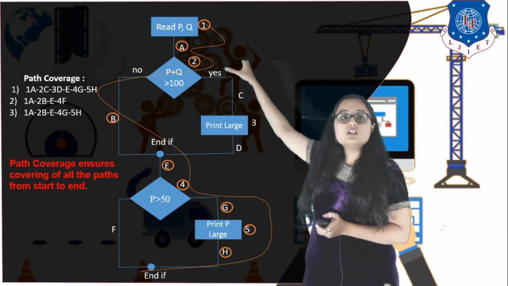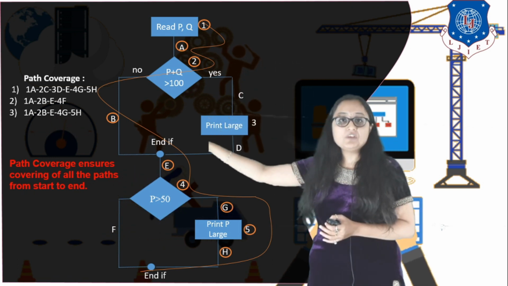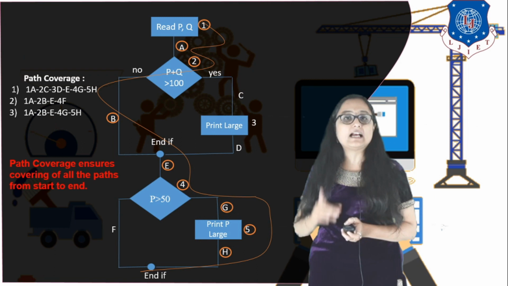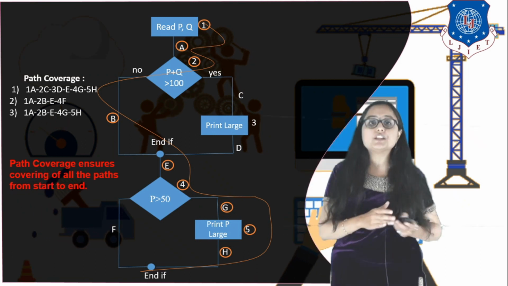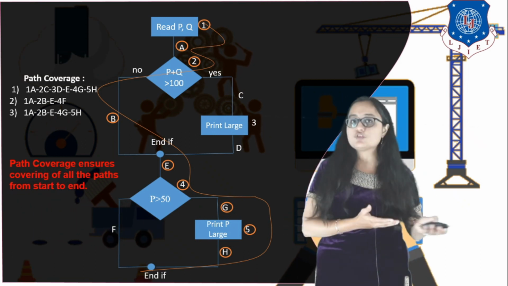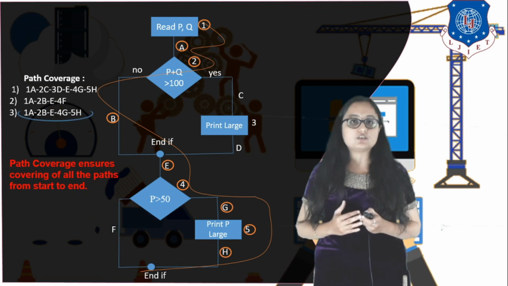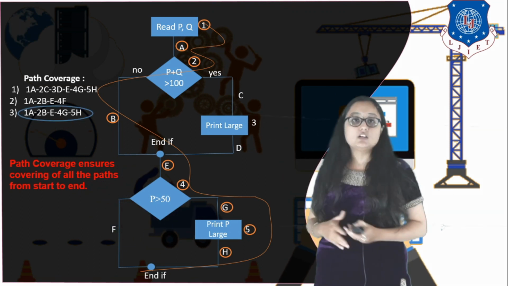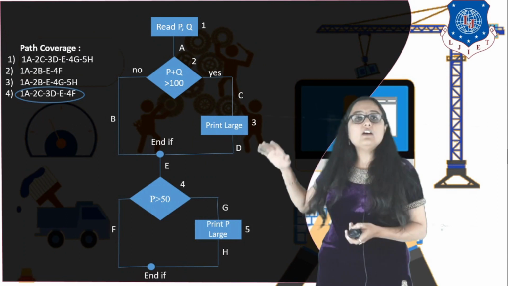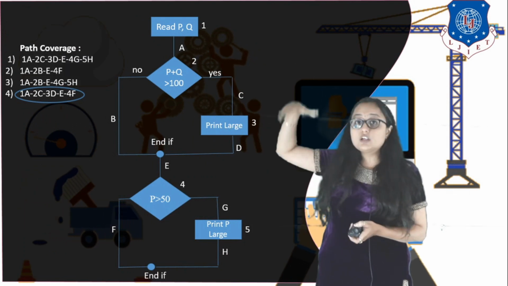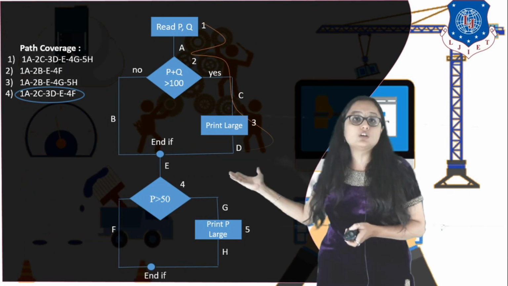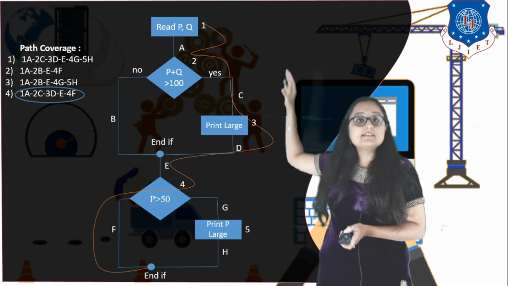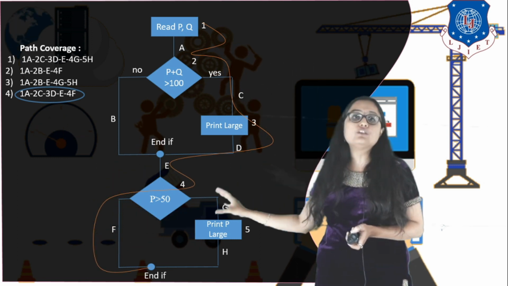So the first false condition and the second true condition is one of the paths that was not covered in statement as well as branch coverage. So that is covered in path coverage. Along with that, we have a fourth path that was also not covered previously, that is the first true condition and the second false condition.